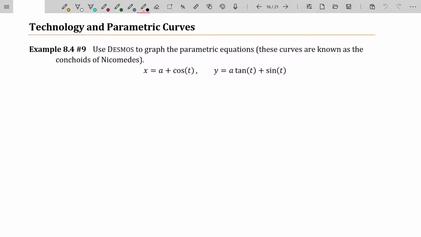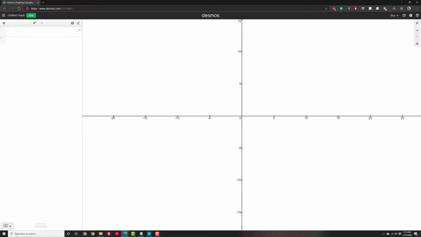All right, let's go ahead and do this. Here we are in Desmos, and the way you can graph a parametric curve is just by starting a point with a parenthesis, just like you would for 3, 4 or something like that, and then typing in whatever your parametric equations are. For example, if x were the cosine of t and y were the sine of t, you'd put cosine of t, comma, sine of t.